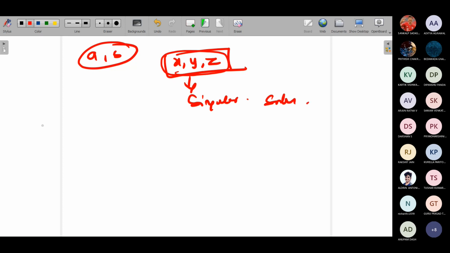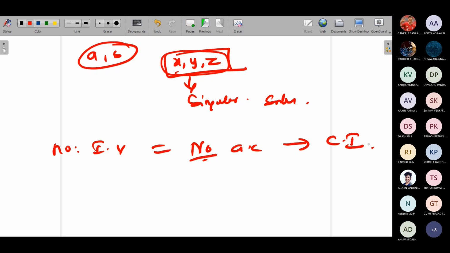Just try to understand. You will be given one PDE. In the PDE, if the number of independent variables is equal to the number of arbitrary constants, this solution is known as the complete integral. If we give values to these arbitrary constants, that is known as a particular integral.